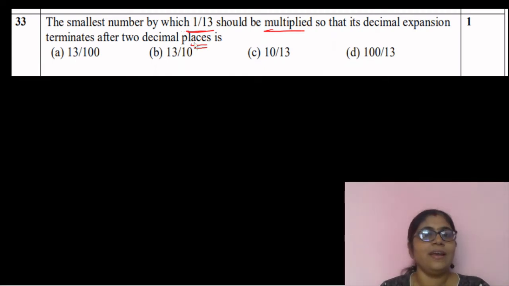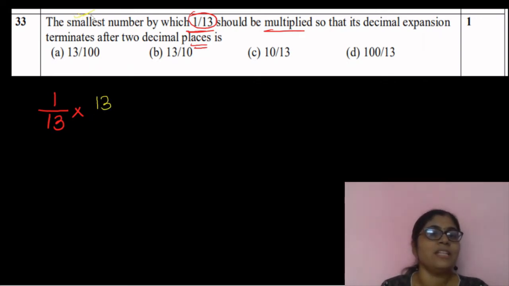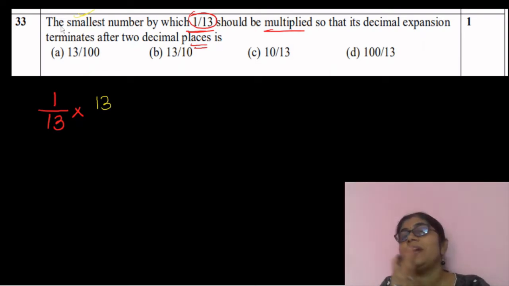So here the denominator is 13. First we have to multiply with something so that the denominator will be cancelled. 13 will be cancelled. So let's take the numerator 13. But we want the smallest number and the decimal expansion terminates after 2 decimal places.